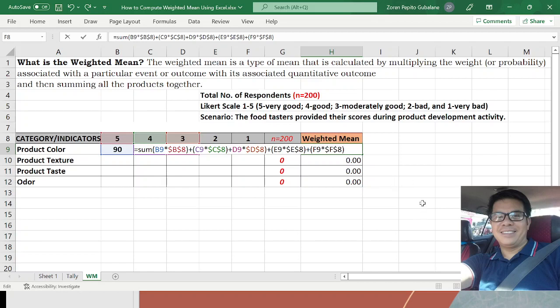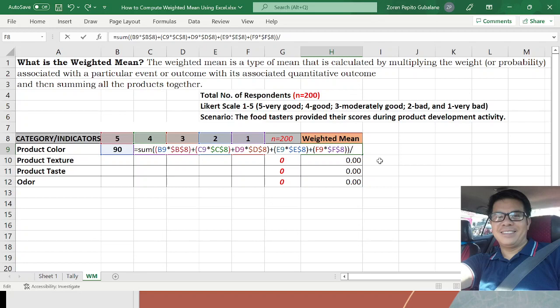Now we need another close and open parentheses on both sides of the formula, and that indicates the final closing or end of the formula.